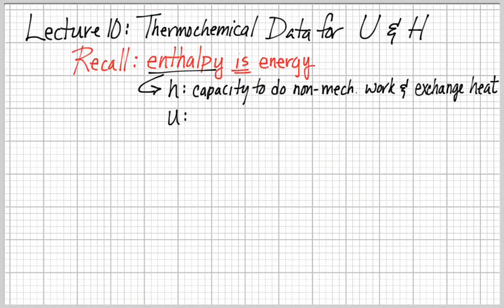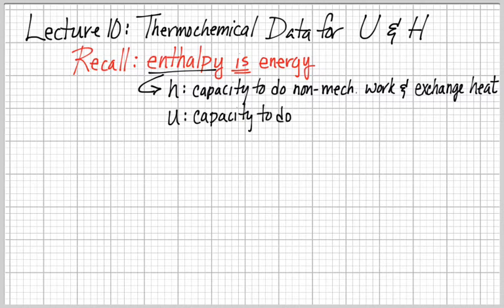Now moving on to the lesson. We have Lecture 10, Thermochemical Data for Internal Energy and Enthalpy. I want to remind us all that enthalpy is a state function. Just as internal energy explicitly says energy, enthalpy means energy, and enthalpy is the capacity to do non-mechanical work and exchange heat.